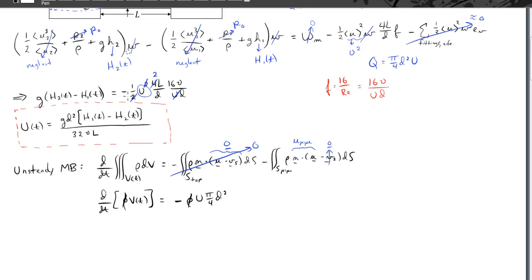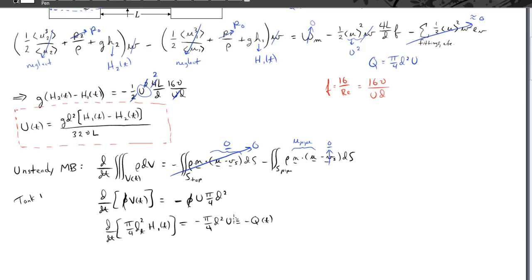Now the volume, and this was all for tank 1, the volume becomes simply pi over 4 tank diameter squared times h1 of t, and that's equal to minus pi over 4 d squared u, which is minus q of t.